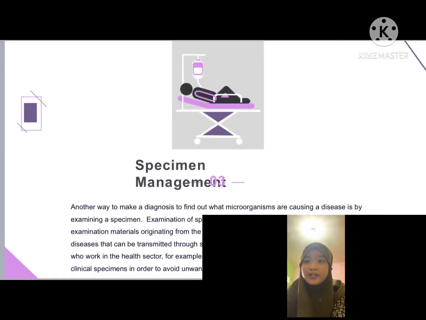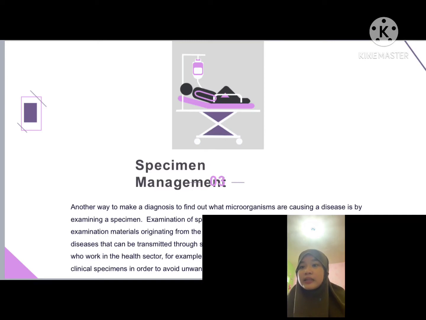3. Specimen management. Another way to make a diagnosis to find out what microorganisms are causing a disease is by examining a specimen. A specimen is examination material or an organism from the human body which indicates the presence of disease.